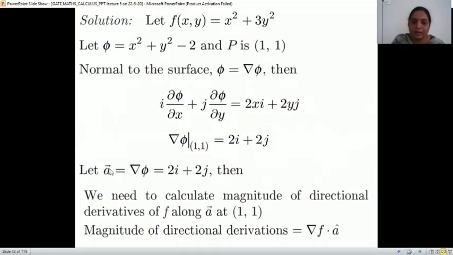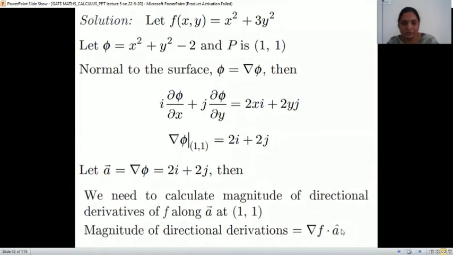And then the directional derivative of f along a bar is defined as del f dot a cap. Always remember, the magnitude of the directional derivative of f bar is del f bar dot a cap. In the direction of a bar, it is dot a cap.